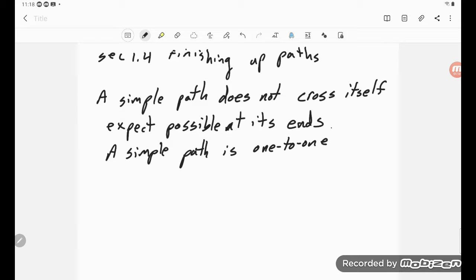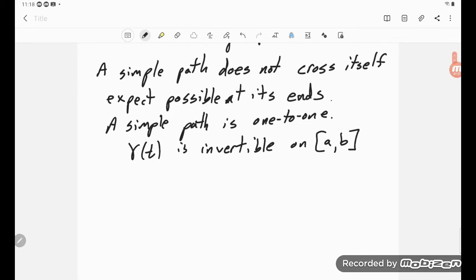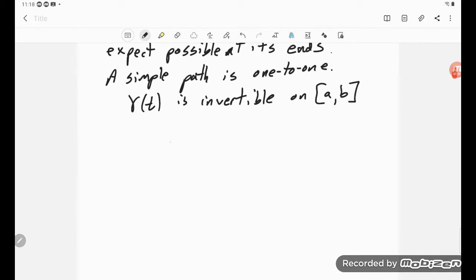In other words, you could find an inverse of your function gamma of t. So gamma of t is invertible on that closed interval AB.